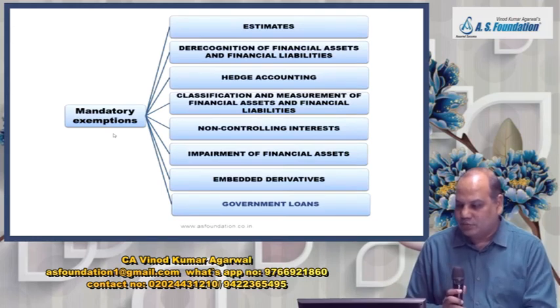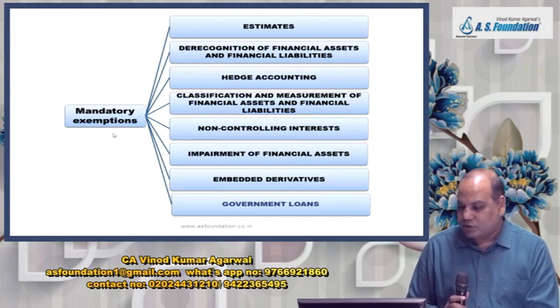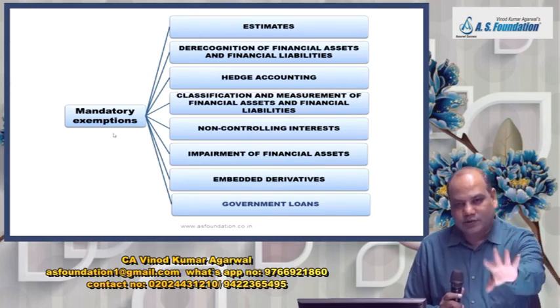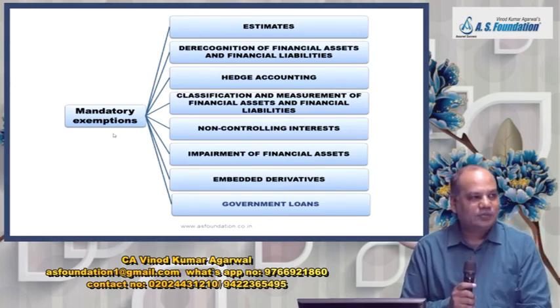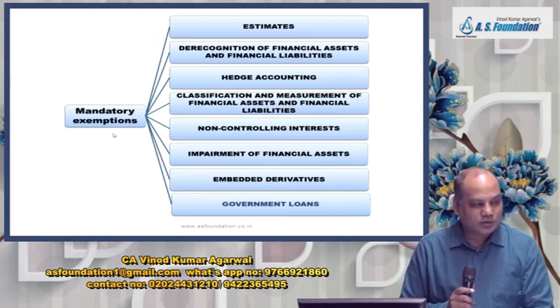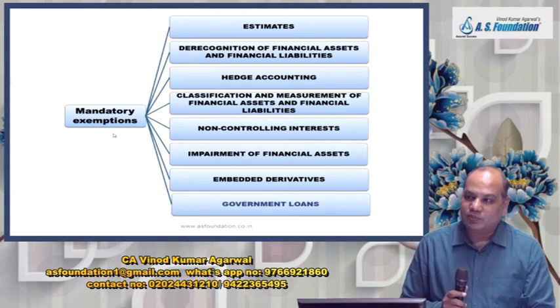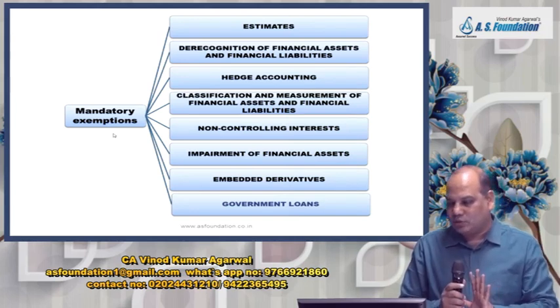First we'll read the list and then we'll discuss them individually. These are estimates, like provisions you have made. Whatever provision that is existing on the date of transition, carry forward as it is. Don't go to the past year and see what would have been the provision. Not allowed.